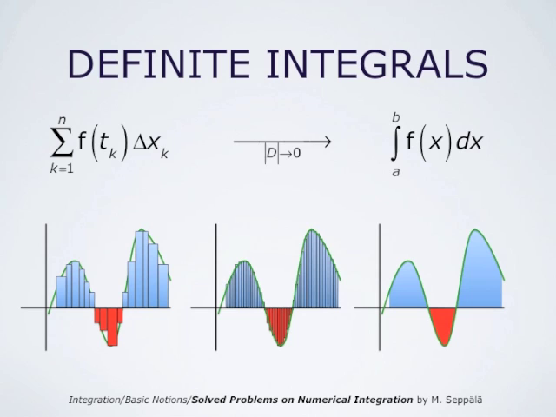If the function takes also negative values, then the integral from a to b f of x dx is the difference of the areas of those domains where the function takes positive value and the area of those domains where it takes negative value. So in the case of this picture, the integral from a to b f of x dx is the difference of the areas of the blue domains and the red domain.